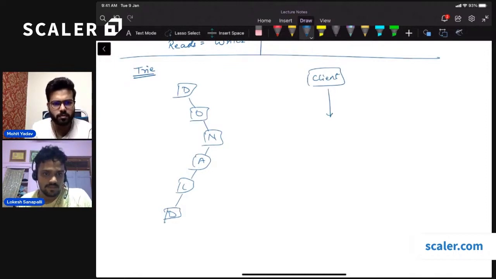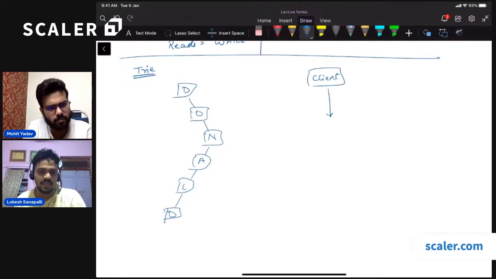Initially I'm assuming I don't have a large-scale system but a small one. So the client sends the request, and I go and look up the trie, and with each lookup I try to find the match.